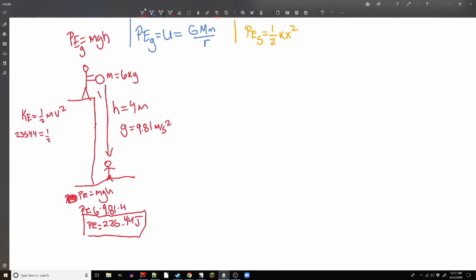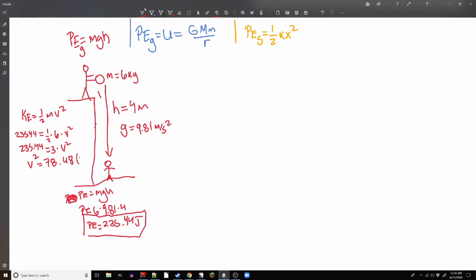That's going to be equal to 1/2, mass is still the same, so times 6 times v squared. So half of 6 is 3. 3 times v squared. We'll divide by 3 to get v squared. I'm going to flip this around to v squared equals 78.48.